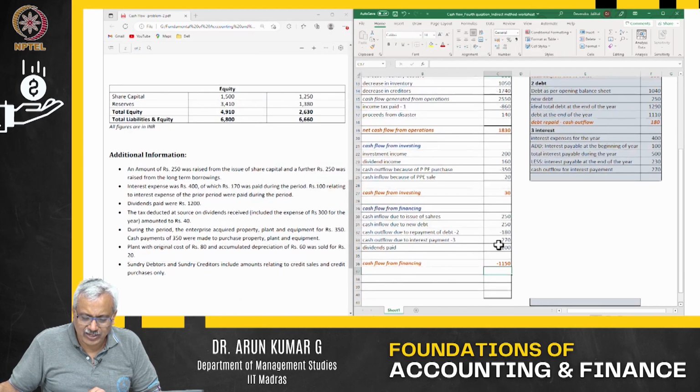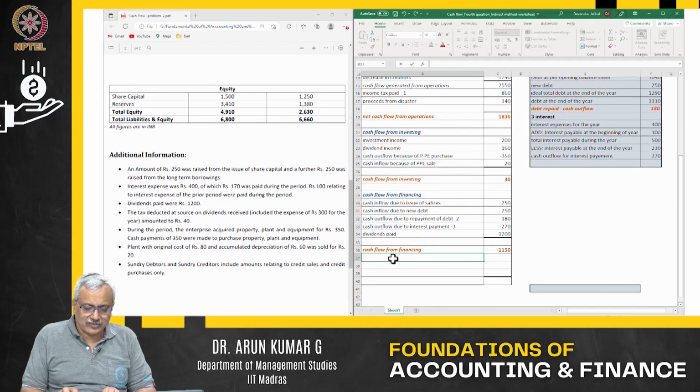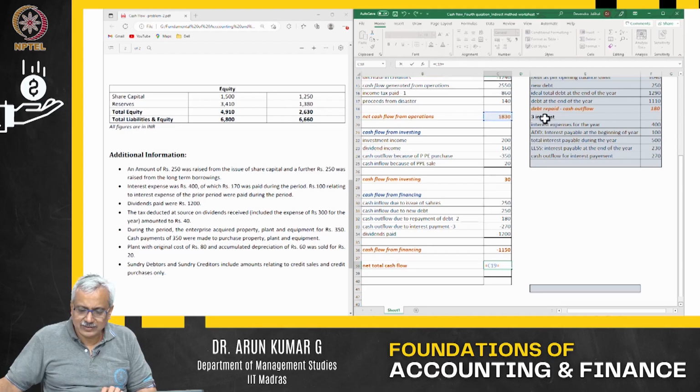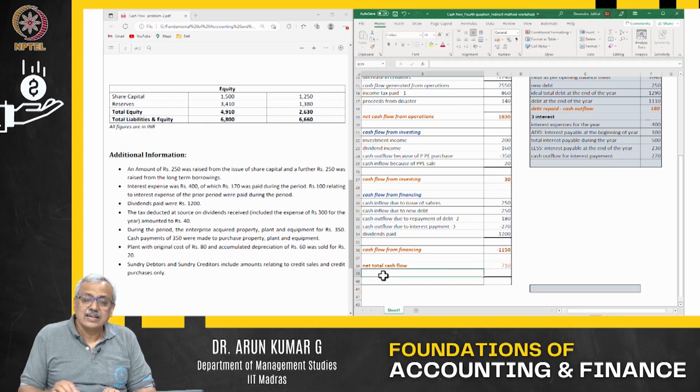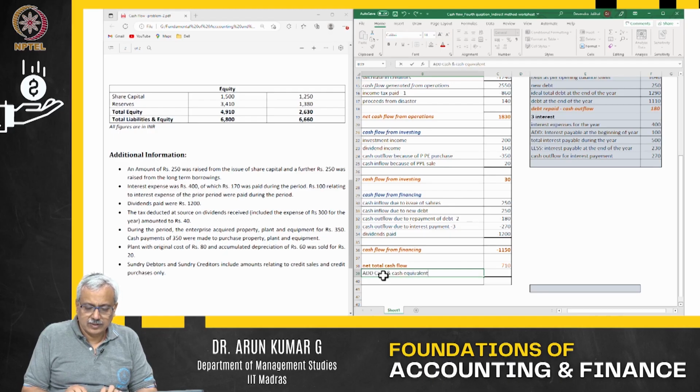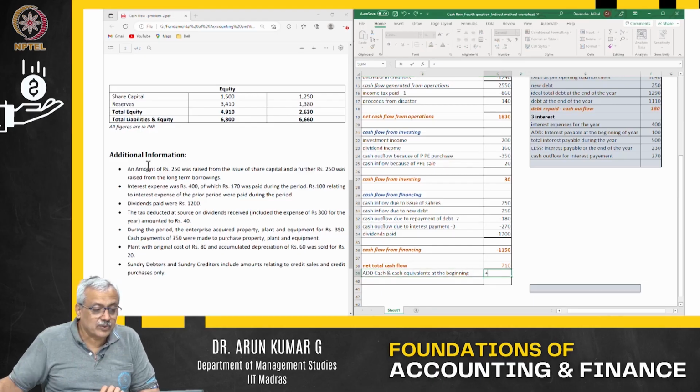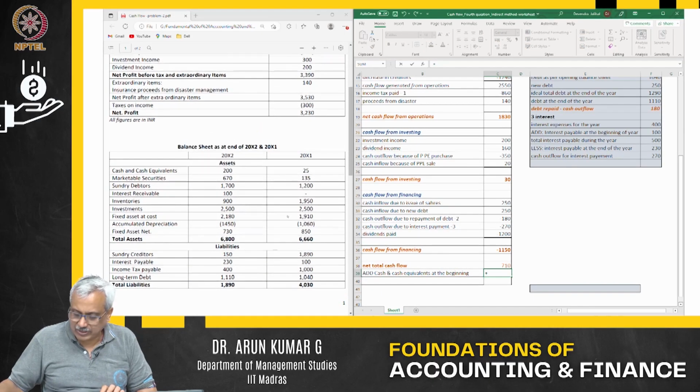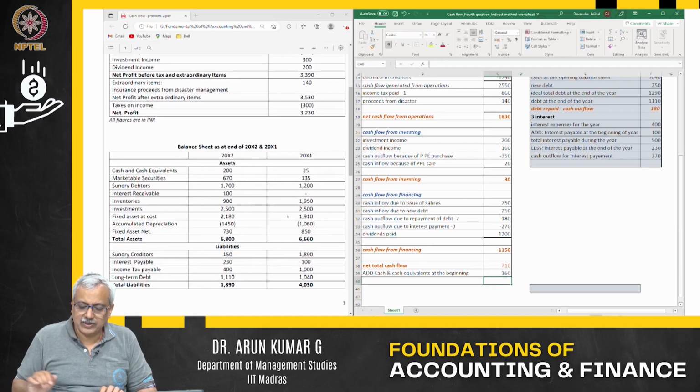So, what is the net cash flow? Same thing like earlier, net total cash flow is nothing but this one plus this one. Add cash at the beginning of the year, cash and cash equivalents at the beginning, which is, if I look at it here, 25 plus 135 as I have explained to you.